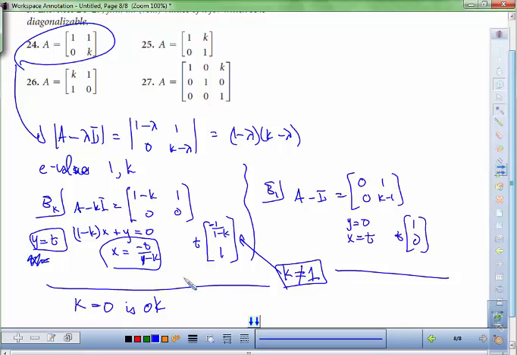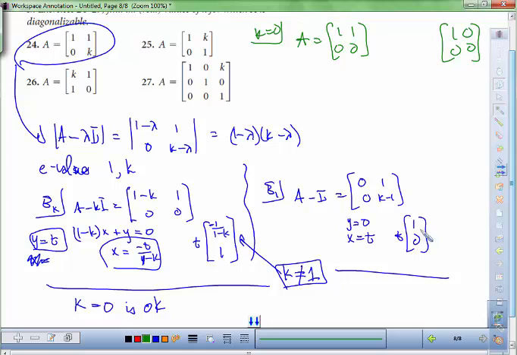It just means that A is not invertible, so that's what I was worried about, but we don't care about A, we just care about it being diagonalizable. Then if k is equal to 0, your A is equal to 1, 1, 0, 0, and the diagonal would be 1, 0.